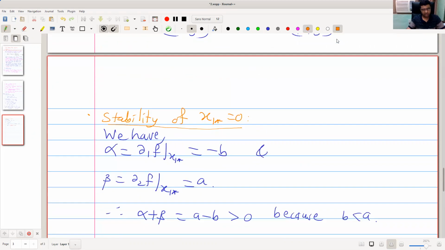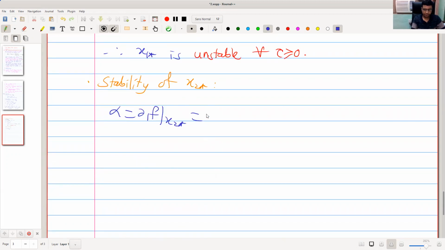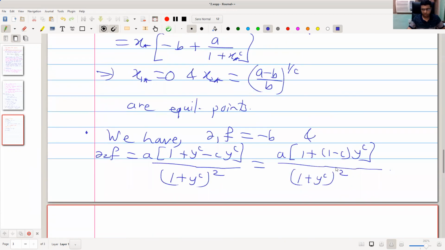Next thing is stability of another equilibrium, x2 star. Again, we find alpha equal to del 1 f evaluated at x2 star, and this is constant, it is minus b, and beta to be del 2 f evaluated at x2 star. Here we have to replace y by x2 star.